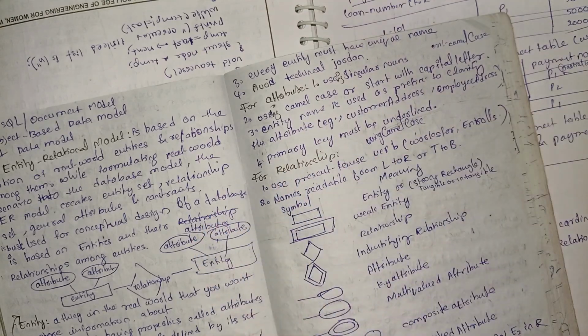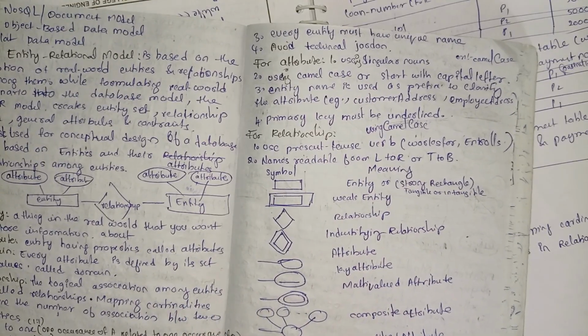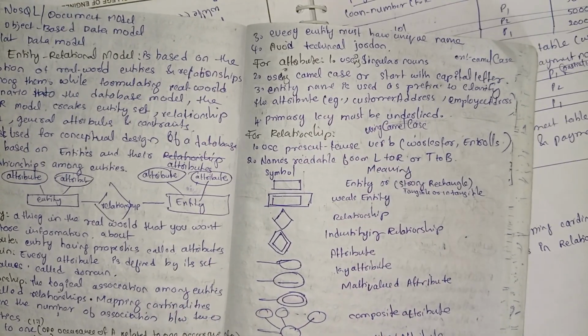Or to easily identify the columns from different tables. Okay, and then primary key. Primary key must be underlined.